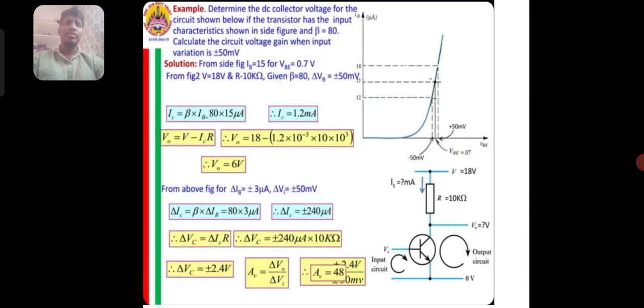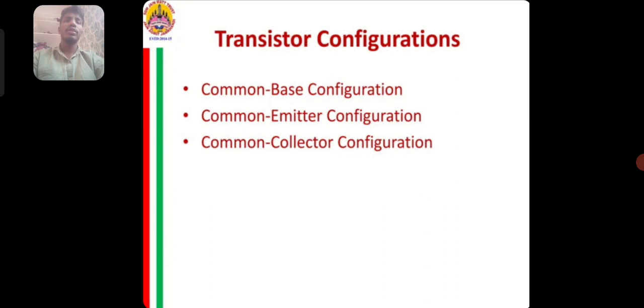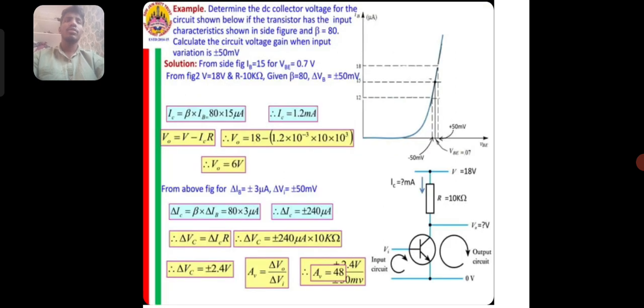And next, here we can see an example of BJT amplification. Determine the DC collector voltage for the circuit shown below if the transistor has the input characteristics shown in the figure and beta is equal to 80. Calculate the circuit voltage gain when the input swing is plus or minus 50 millivolts.